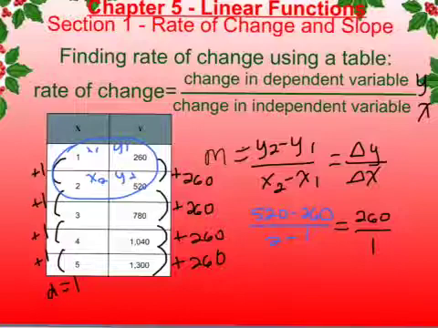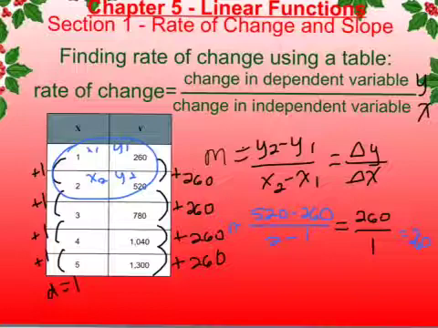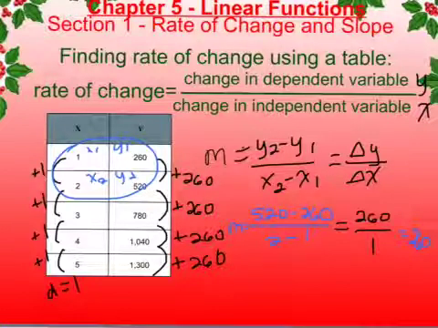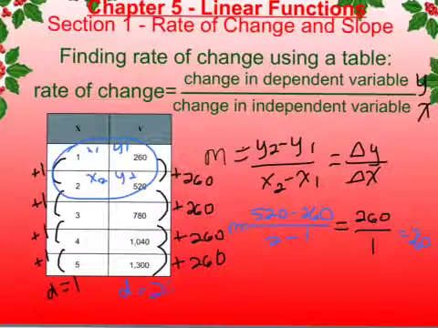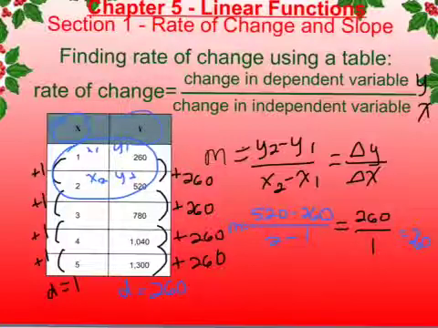We'd get the same thing, which means that our slope, m, equals 260. And we know that this is linear because both the x and the y values have a common difference. That's the rule for linear. If the x and the y have a common difference, a constant rate of change, then it's a linear function.